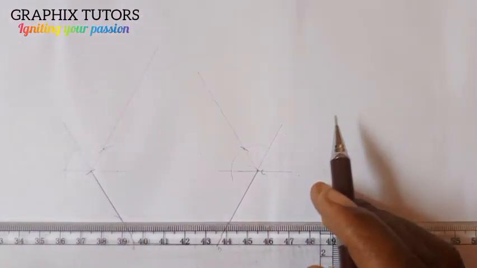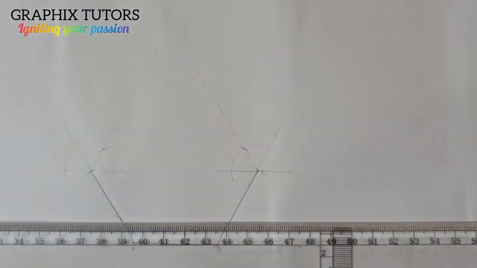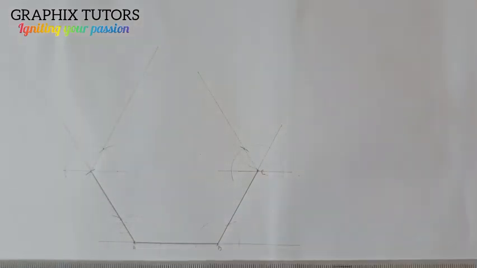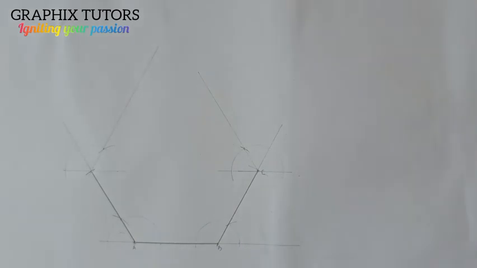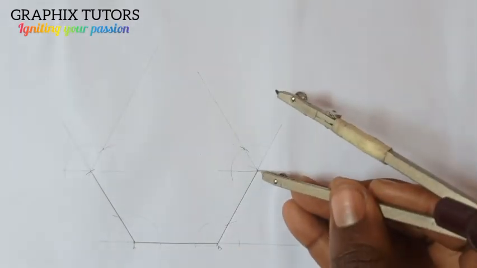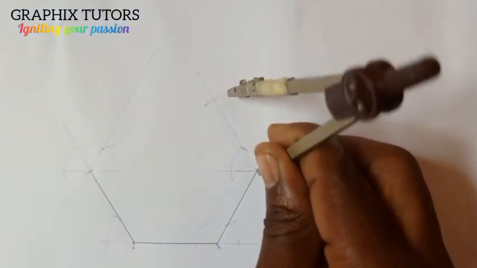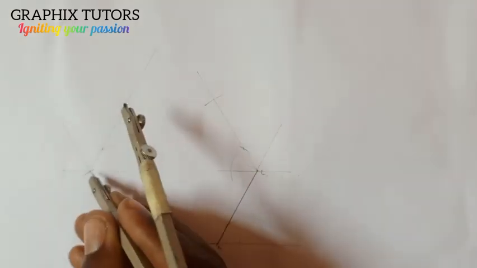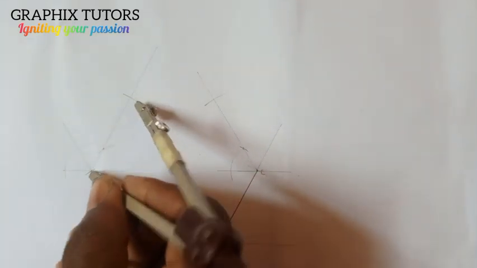Like that. So the next thing I'm going to do is that I knew earlier that my AB is 40, right? So with the AB, I'll place it here. I will cut this distance, right? And I also place it here. I also cut the distance.